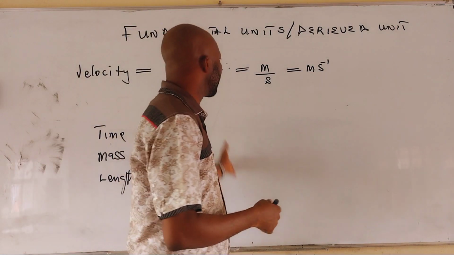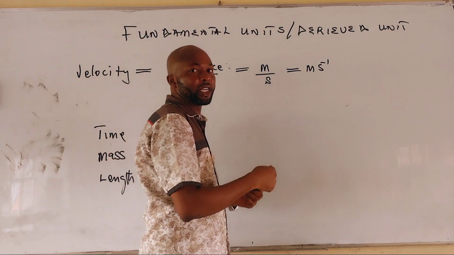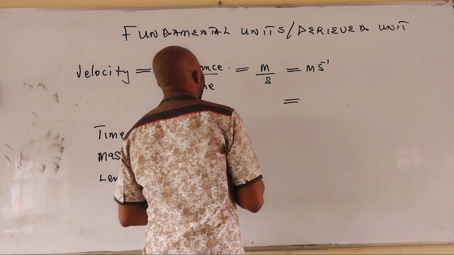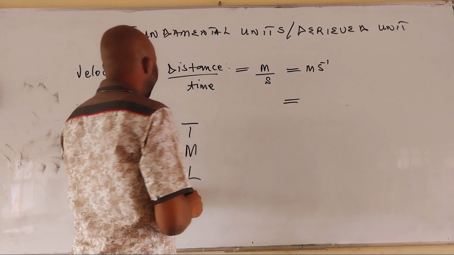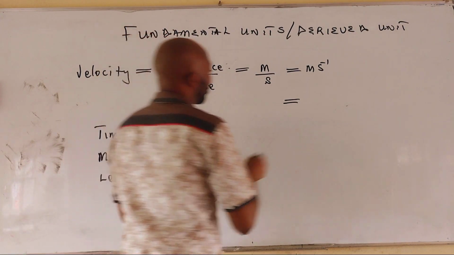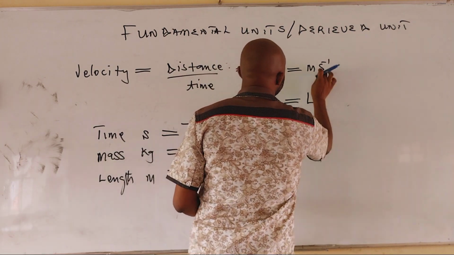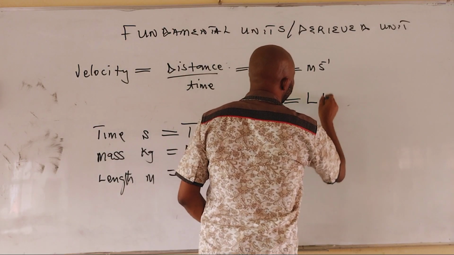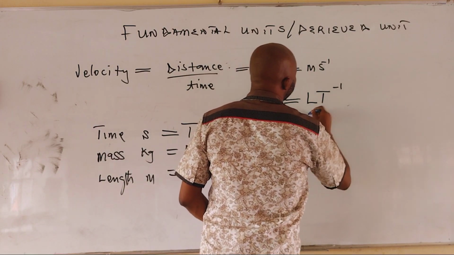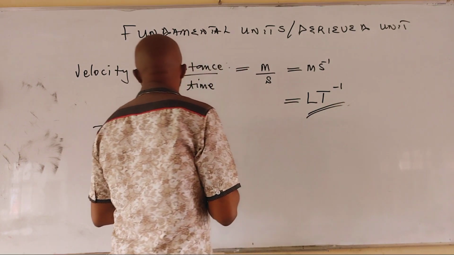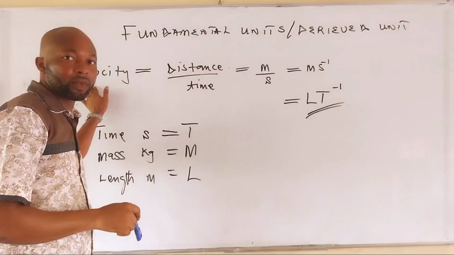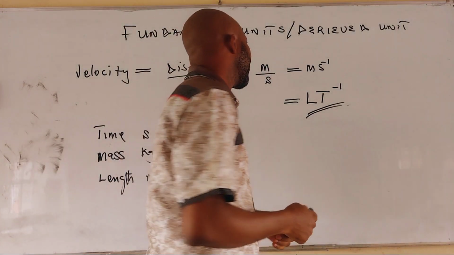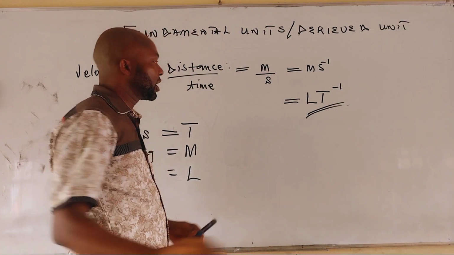So if that is true, let's put velocity in its dimensional pattern. This is our meters, which is length, so we put our capital L. Time in seconds, so we use capital T, and we put our -1. This becomes the dimension for velocity. That is the trend, and that is how we're going to go about it.